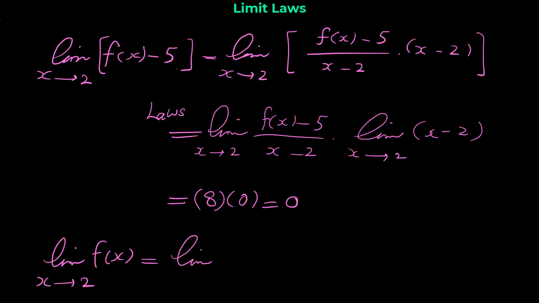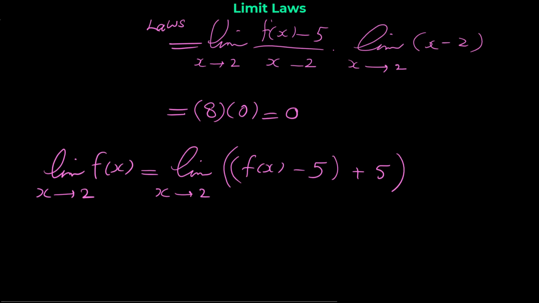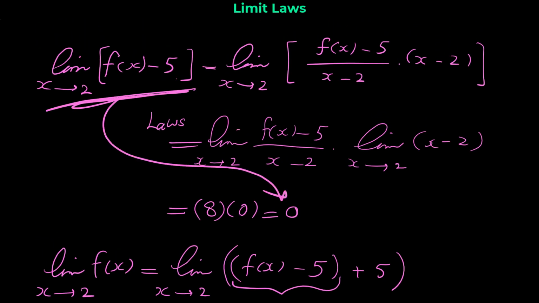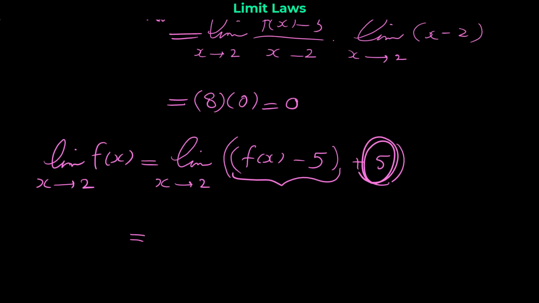This limit is actually the limit as x approaches 2 of f(x) minus 5 plus 5. Of course, f(x) minus 5 plus 5 is f(x). Nothing is changed so far. But attention, I know that this limit exists, based on this result, that this limit is 0. And of course, the limit of a constant exists and is that constant.